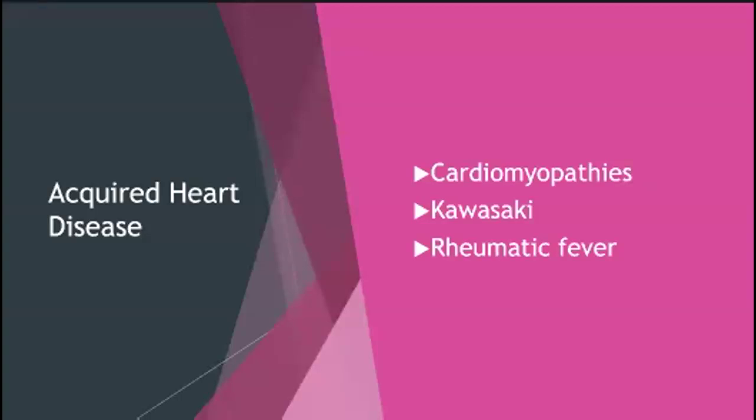Examples are cardiomyopathies, which are diseases of the heart that make it weak or stiff, which can lead to heart failure and arrhythmias; Kawasaki's disease, an inflammatory illness in young children that causes coronary artery aneurysms if untreated; and rheumatic fever, which is an autoimmune response to strep that can damage the heart valves, especially the mitral valve.